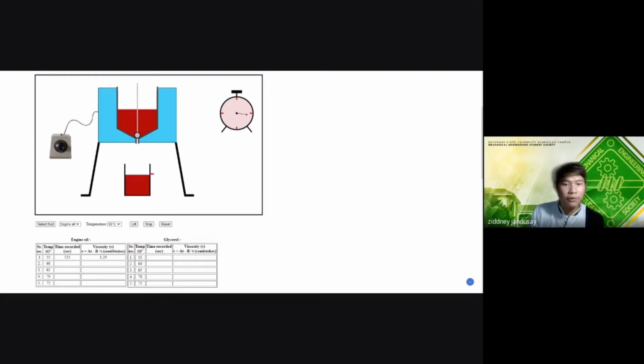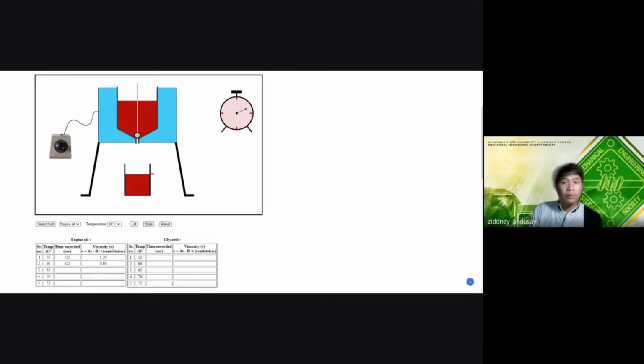So, the time we have now is 525 seconds, and consequently, the value of the kinematic viscosity will be displayed automatically. So our calculated value of the viscosity is 1.29 centistokes at 55 degrees Celsius.